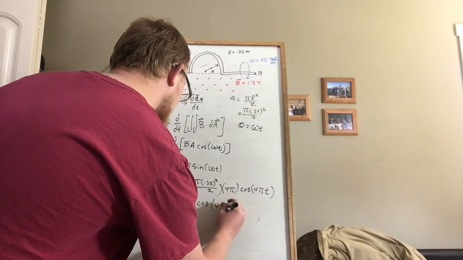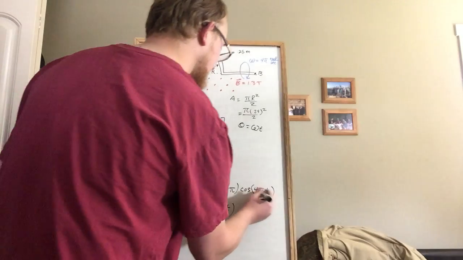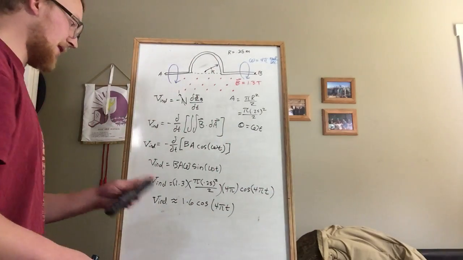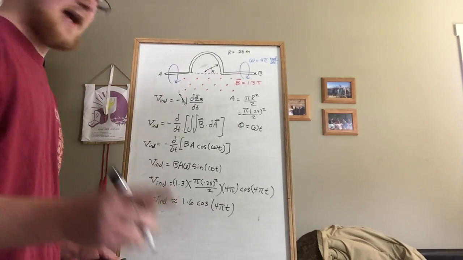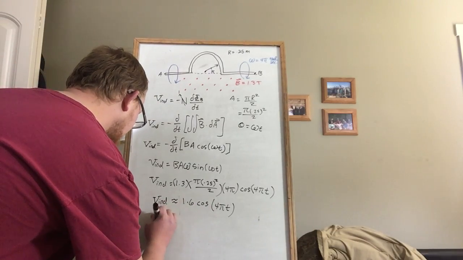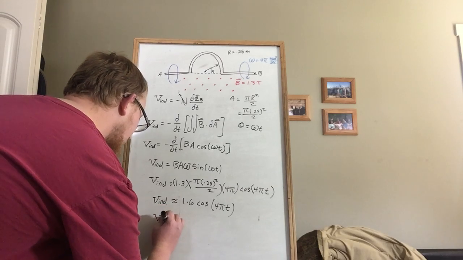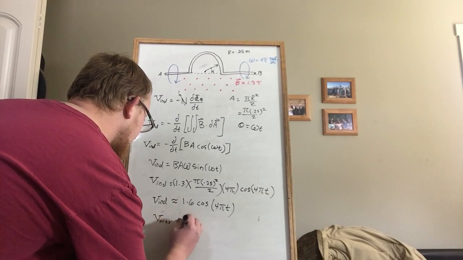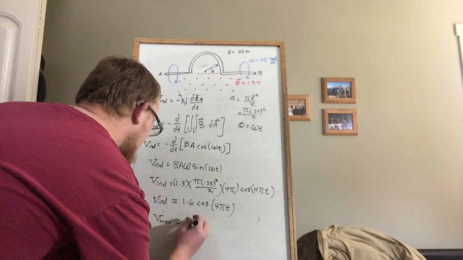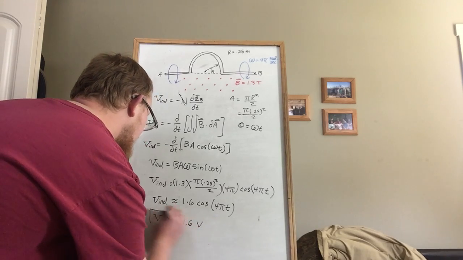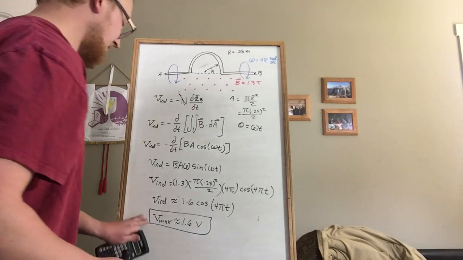I'm going to leave this as 4 pi. So right off the bat, we know that our amplitude, which is our maximum, our V maximum, is going to roughly equal 1.6 volts. So there's part A.